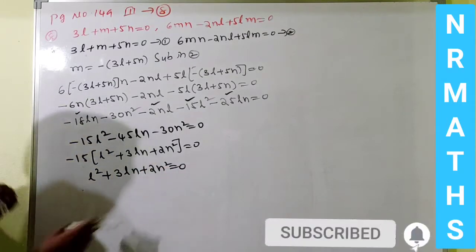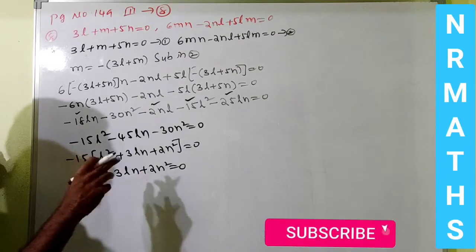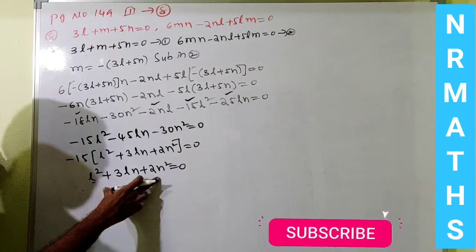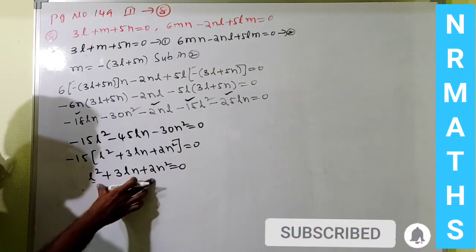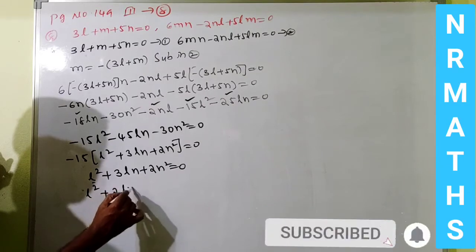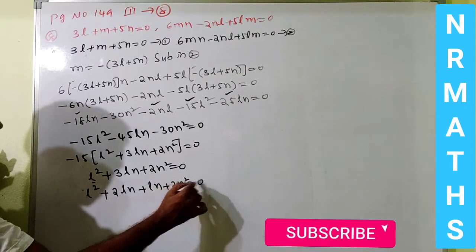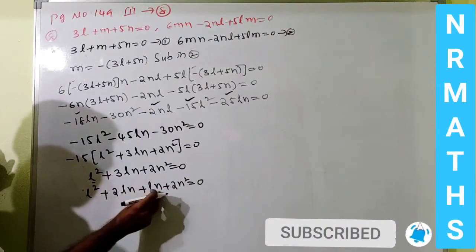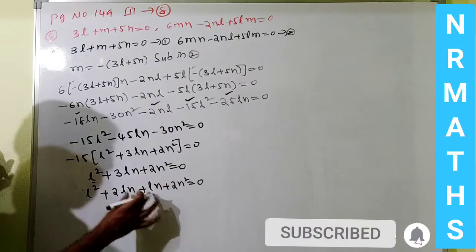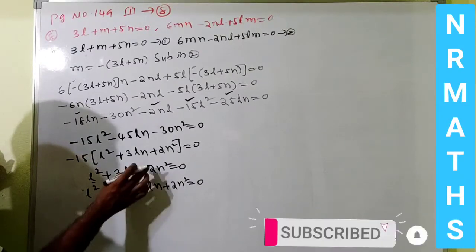Now the factors: the product is 2L square N square and the sum is 3LN. So L square plus 2LN plus LN plus 2N square is equal to 0, since 2LN into LN is 2L square N square, and 2LN plus LN is 3LN.